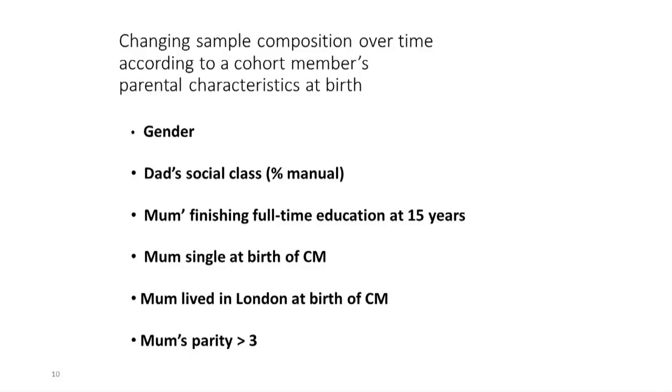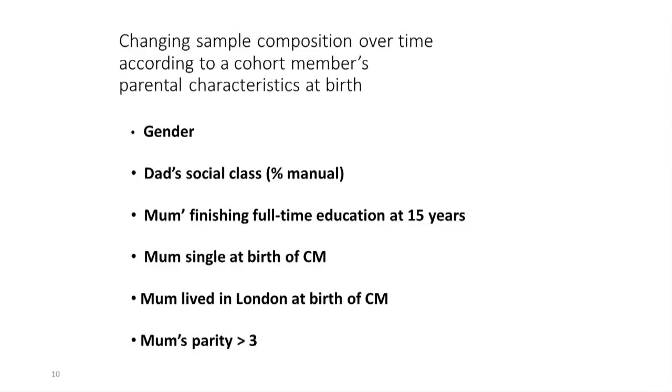Okay, so what impact does this drop-off reflect? Now, what we have in the BCS 70 and in most longitudinal surveys, or some birth cohort surveys, are some baseline basic data appertaining to the cohort member at birth, and we've got that data for almost every cohort member.